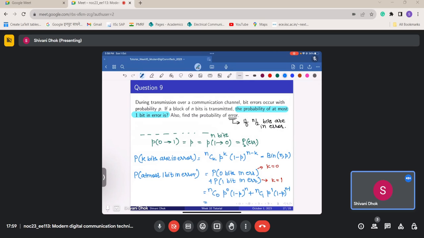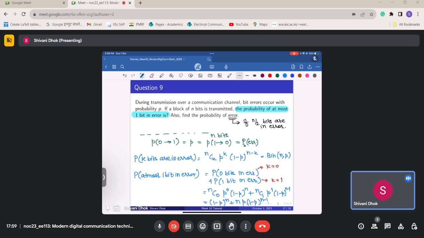Here nC0 is 1, so this is (1 minus p) to the power n plus nC1, which is n, so that is np into (1 minus p) to the power n minus 1. So this is the probability that at most one bit is in error.